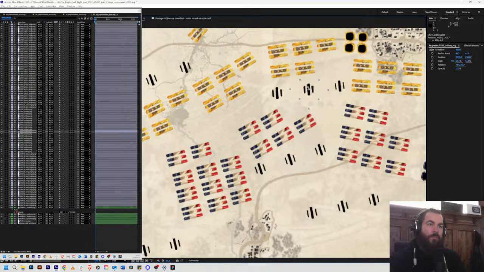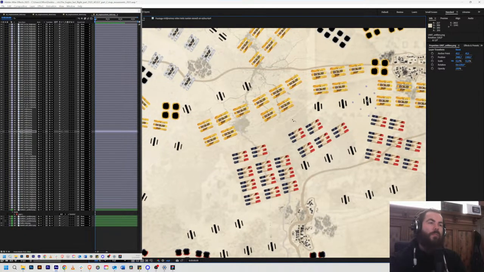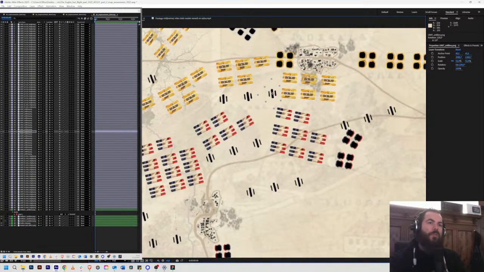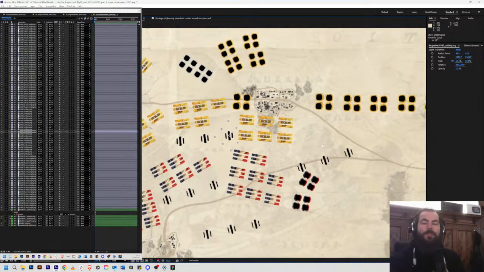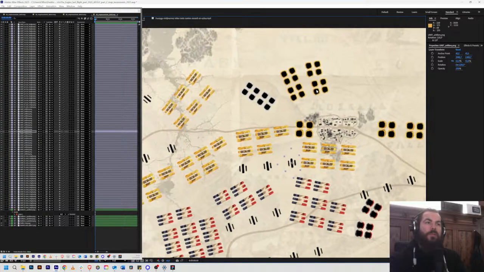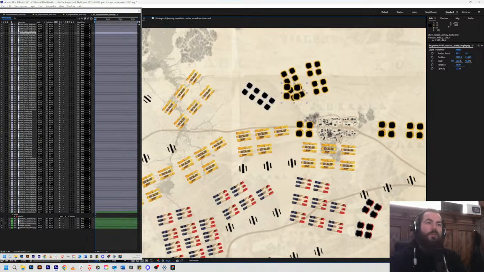They will also be falling back. At least this one on the front. Those two probably. Those will be moving in. Those are the French cannons. Those will be moving backwards. Those will also be moving backwards.